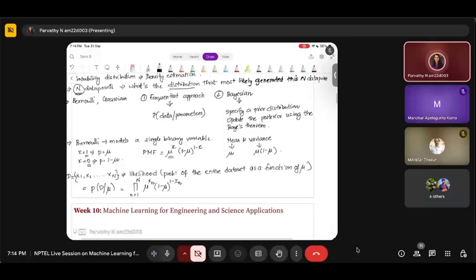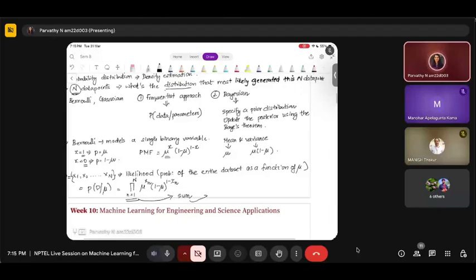Now we want to maximize this. That is, we want to find a distribution that will model how the data is generated. So here we have the product. To make it easier for calculation, we can convert it to a sum.